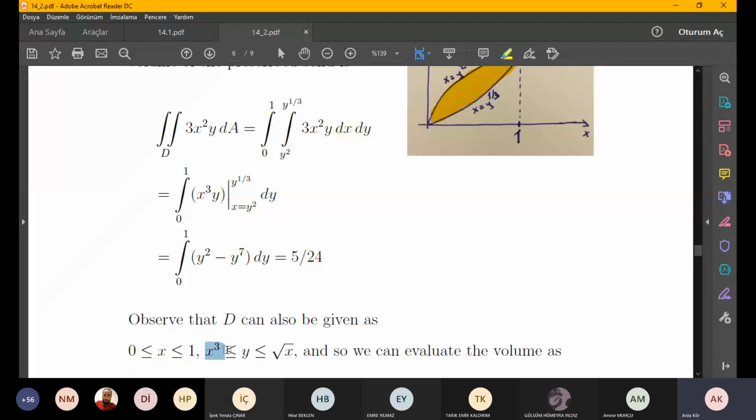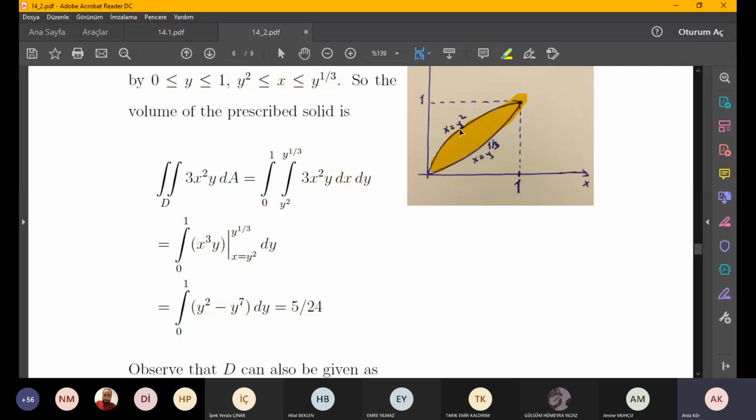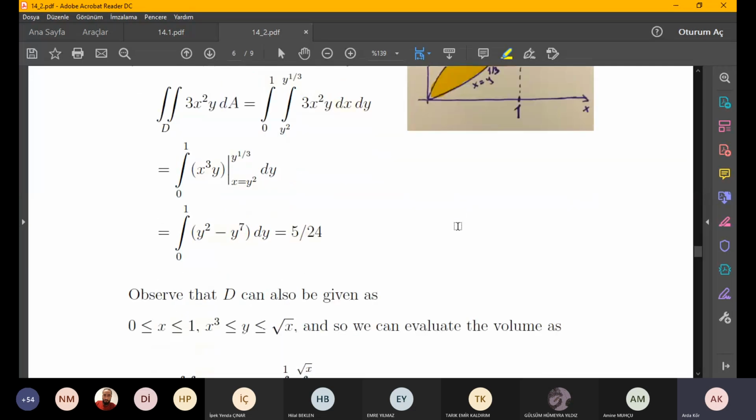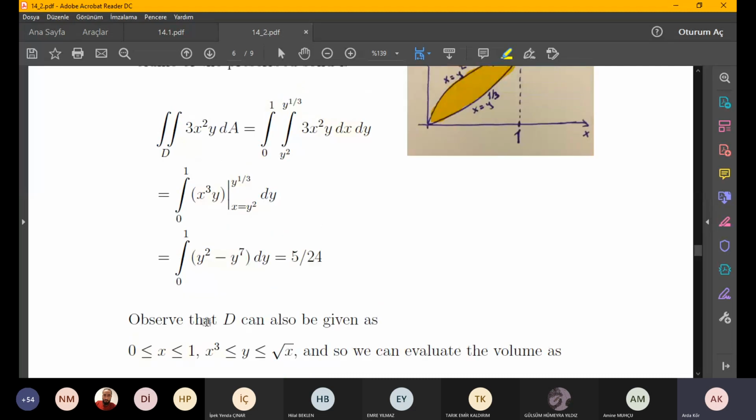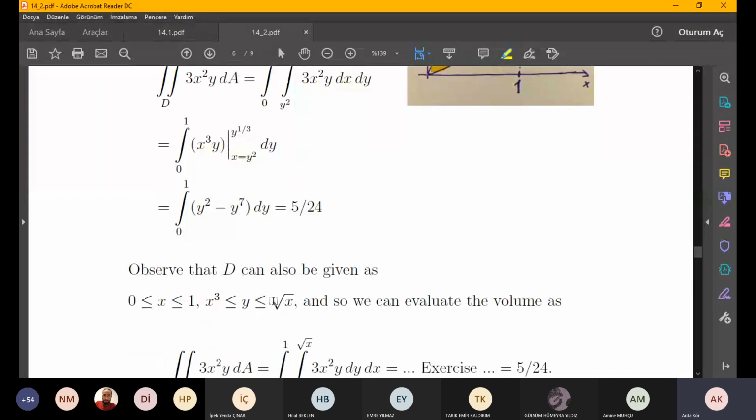Also, x equals y squared is actually the square root of x equals y, in the first octant. So this will be the upper limit of integration with respect to y.